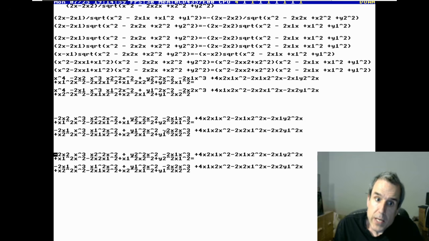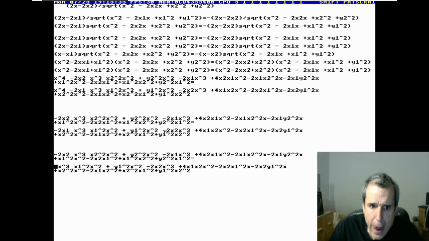Does third order make sense? I think there's a closed form. There is a closed form solution. So this, we move to the other side, and it becomes a plus.